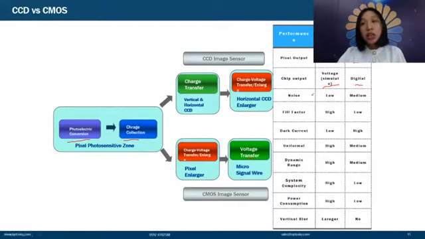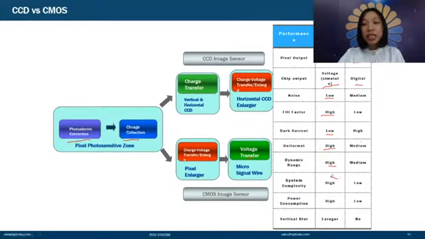And obviously CCD has better performance: its noise is lower, the fill factor is higher, the dark current is lower, the uniformity is higher, and the dynamic range is higher. So in all these 5 factors, the CCD is better than CMOS.